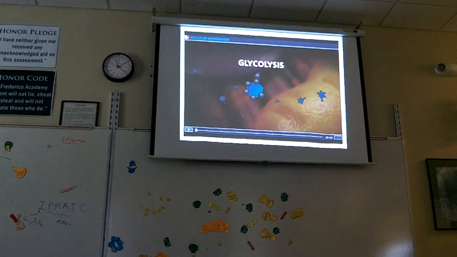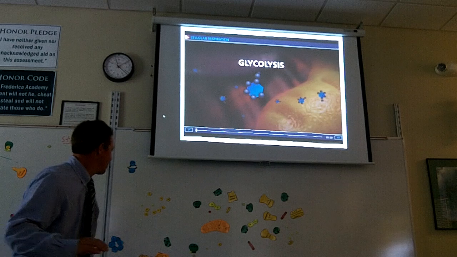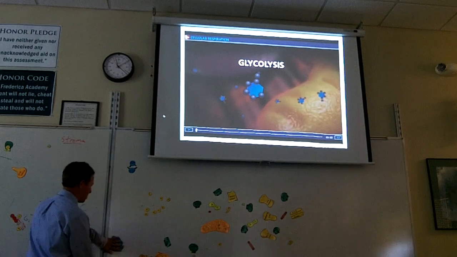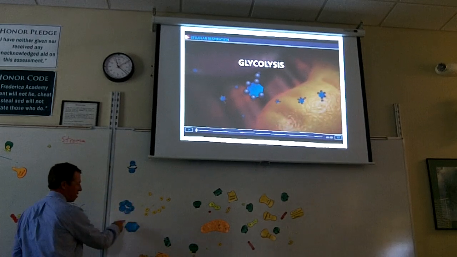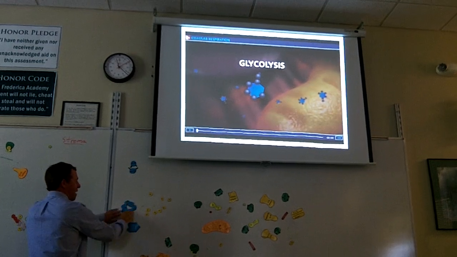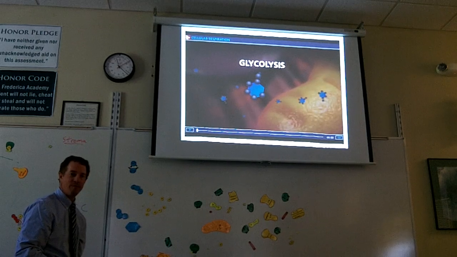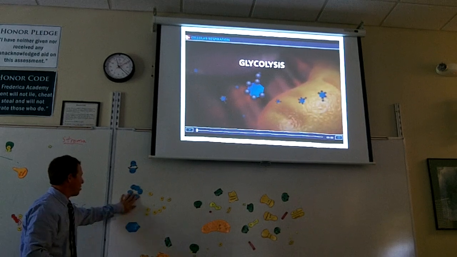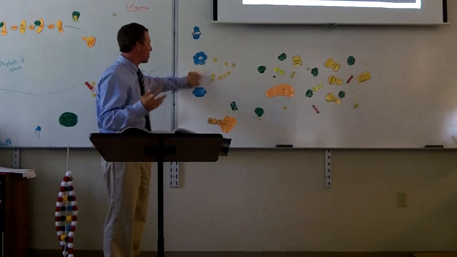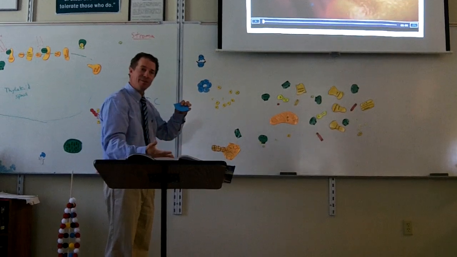That was a good overview of what happened in glycolysis. Basically, it's taking glucose, this hexagonal molecule, which I'll represent now as this, and breaking it apart. Why does that happen? Well, it happens because the whole point of respiration is to tear glucose apart and get energy out of it.